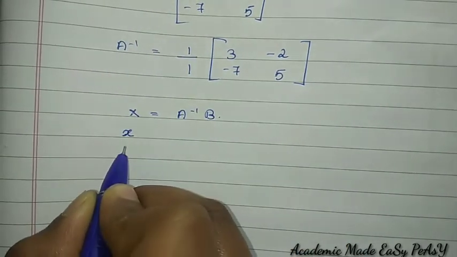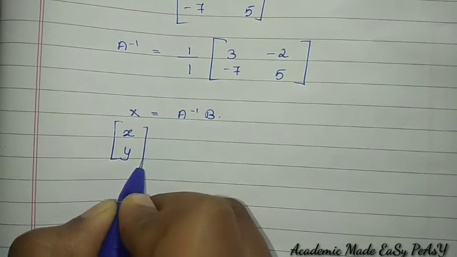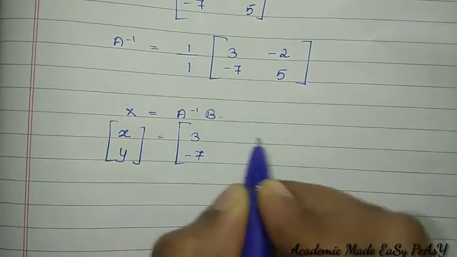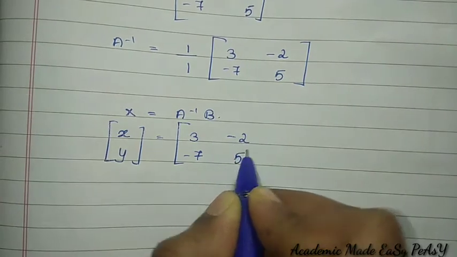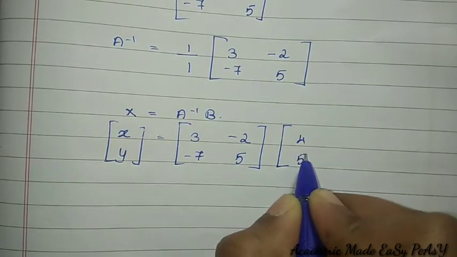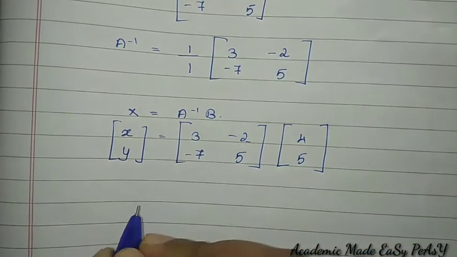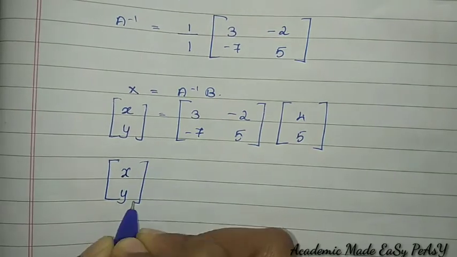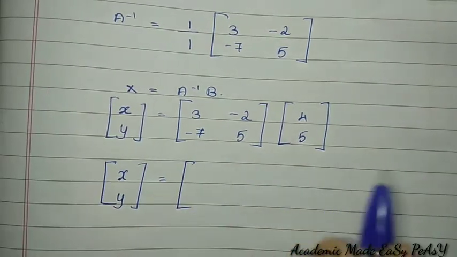So what is my matrix X? XY is equal to A inverse, which is 3, -7, -2, 5, and what is matrix B? 4, 5. So now I will be multiplying these two.